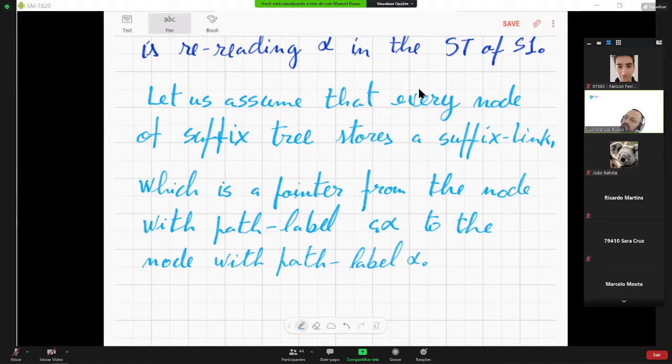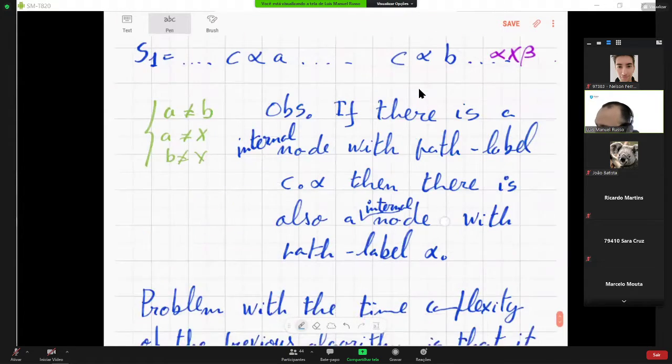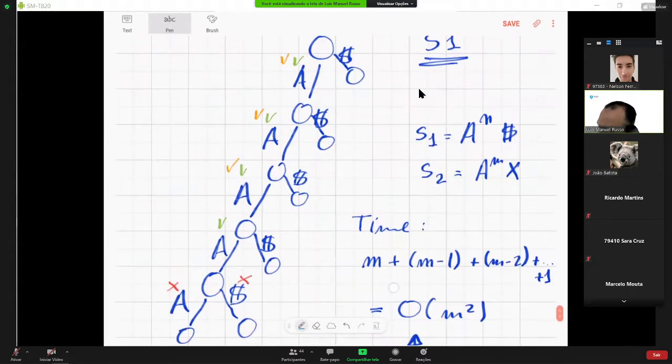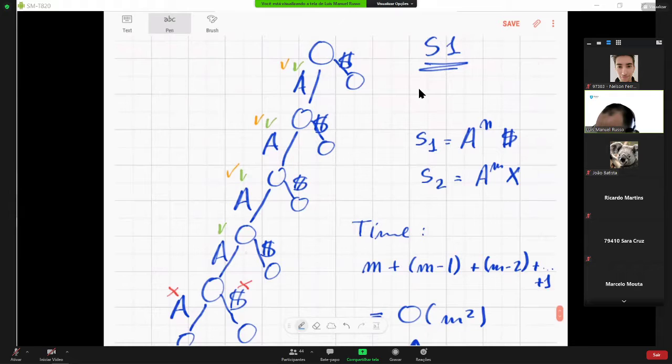So that's the definition of suffix link. Now that we have the definition, let's store them here. So here in our example, what's the suffix link of this node over here?